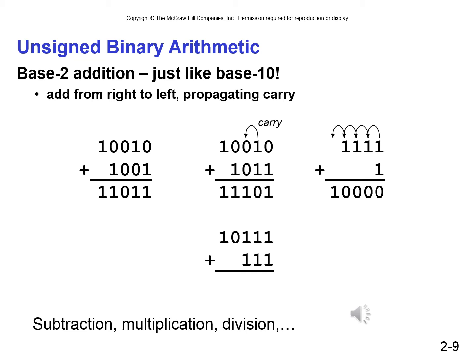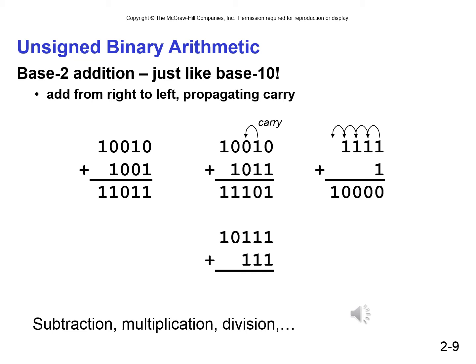Now, let's take the third. This is the equivalent of 9,999 plus 1 in base 10. 1 plus 1 is 0 with a carryover. The carryover is added to the 1. So 1 plus 1, and you could say there's an imaginary 0 there, is 0 carry 1.